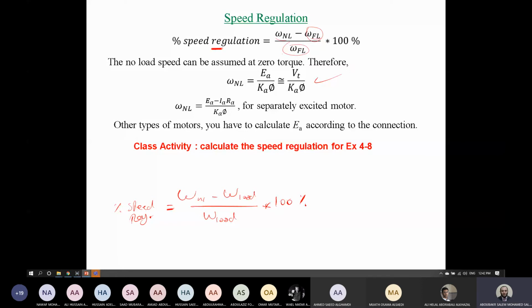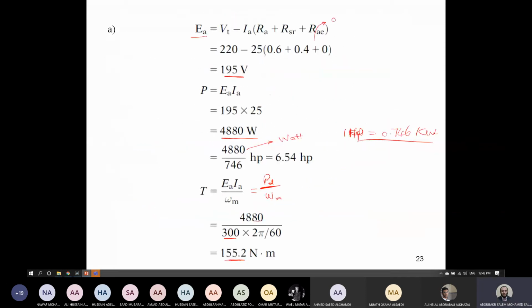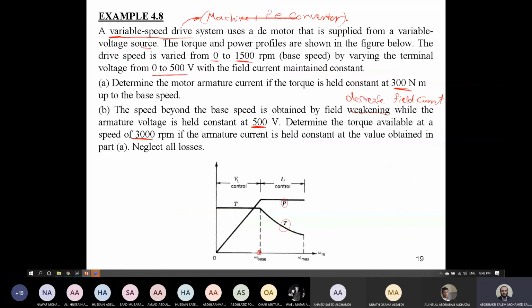Now, for problem 4.8, which we have solved here in class, let's calculate the speed regulation together. This was problem 4.8, and we had two different operating points here. We have operating points at 1500 RPM and at 3000 RPM. Let's calculate the speed regulation at the value of 1500 RPM.